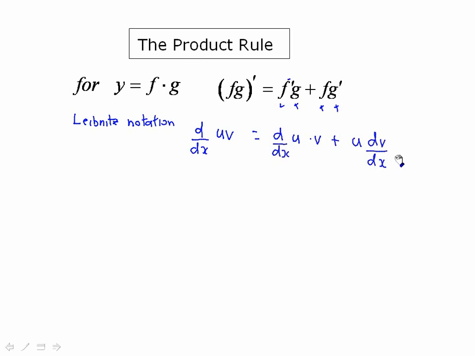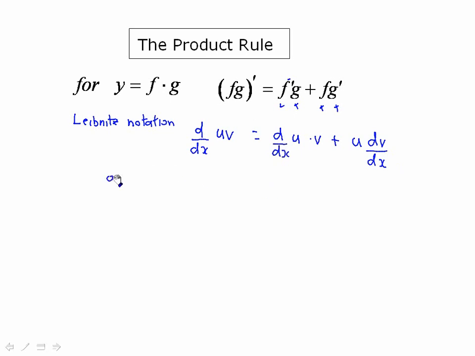It means that you have to take turns. However many terms you have, differentiate one, leave the others, and then go to the next one and take the derivative of the second and leave the other ones.